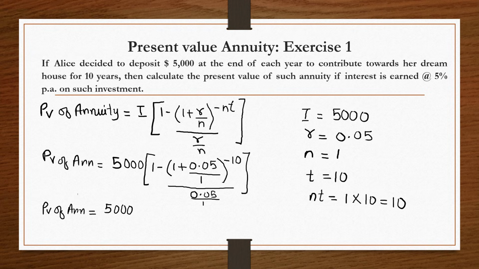So take it on your calculator. Start calculating: 1 minus bracket 1 plus 0.05 bracket close, take power of minus 10, equal to. Solve as it is, no need to be confused.